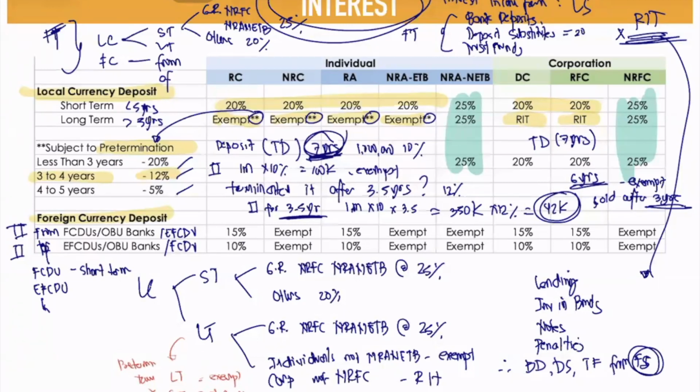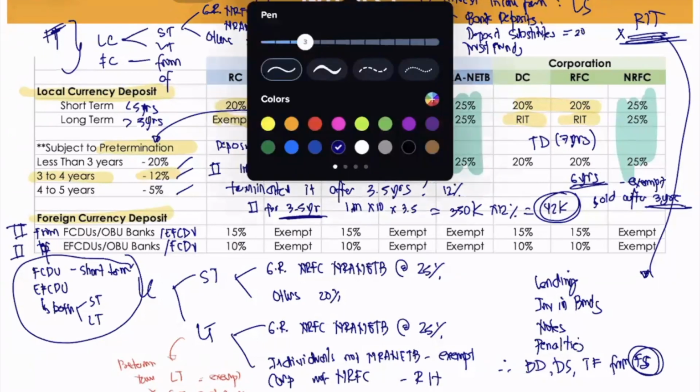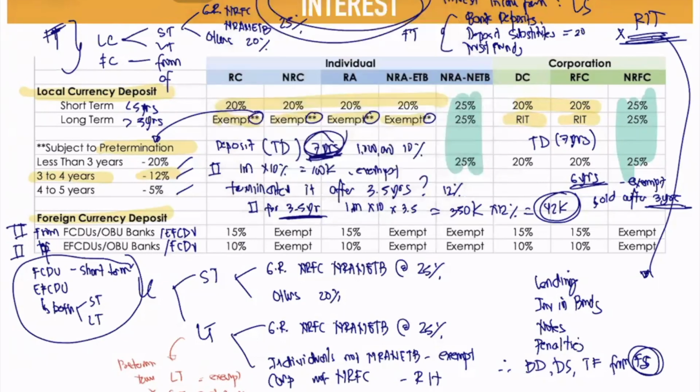But EFCDU, they can both have short-term and long-term foreign currency transactions. So dito, titignan lang ninyo yung type ng transaction na pwedeng i-offer ng ating FCDU or EFCDU. Pag purely short-term foreign currency deposit units yan, FCDU siya. Pag may short-term and long-term siya, EFCDU yan.